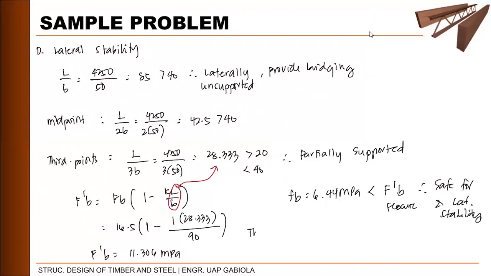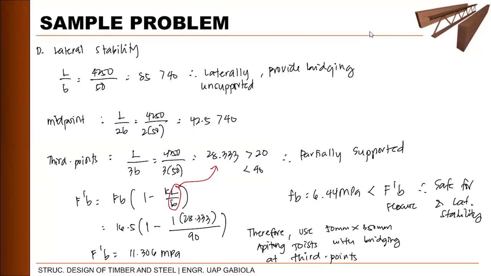So, conclusion natin, therefore, use 50 mm by 350 mm apitong joist with bridging at third points.